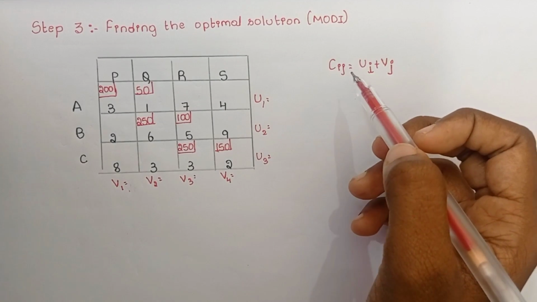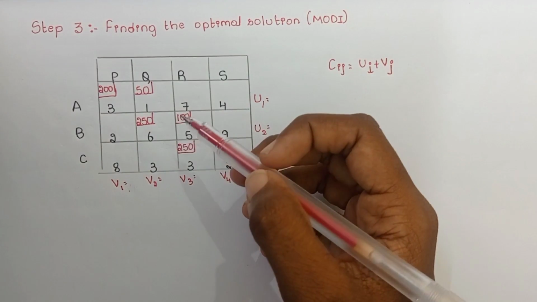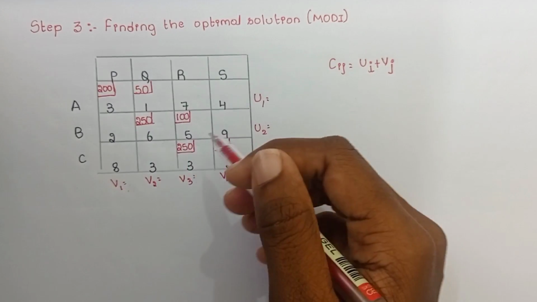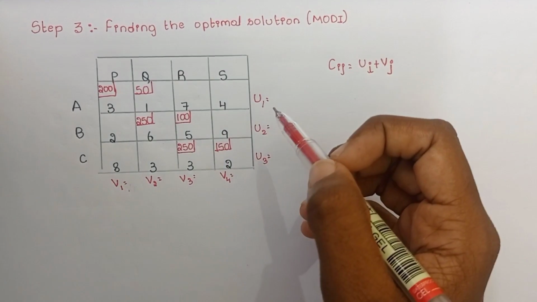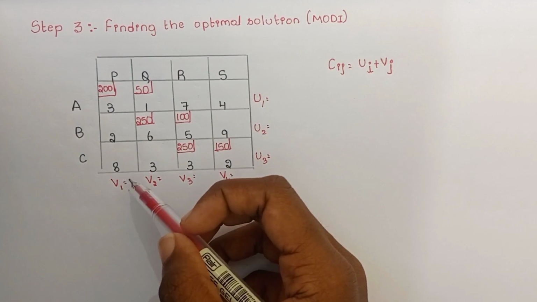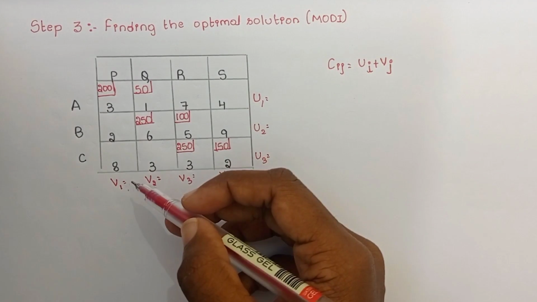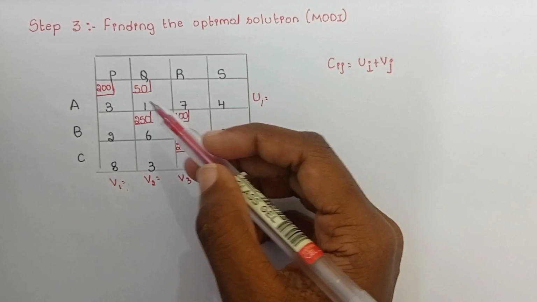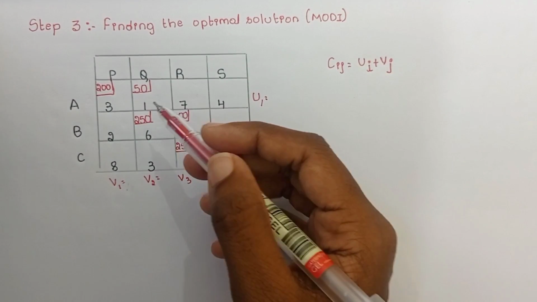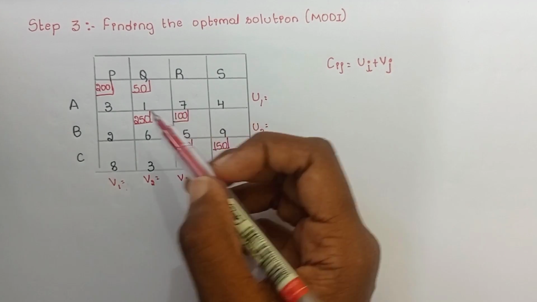We call the values inside the matrix Cij, and this is U and this is V. Using this formula, we will find the U and V values just for the occupied, that is allotted, cells. So let's start one by one.